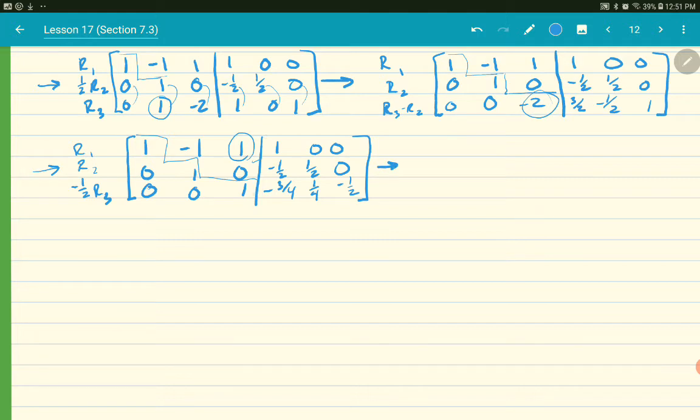Let's see, if I subtract row 3, row 1 minus row 3, then I won't hurt the leading 1, and I'll get a 0 in that third spot. And row 2 and row 3 are actually already set, so I'm not going to do anything else to those guys. So I'll copy row 2 and row 3 because they're perfect.